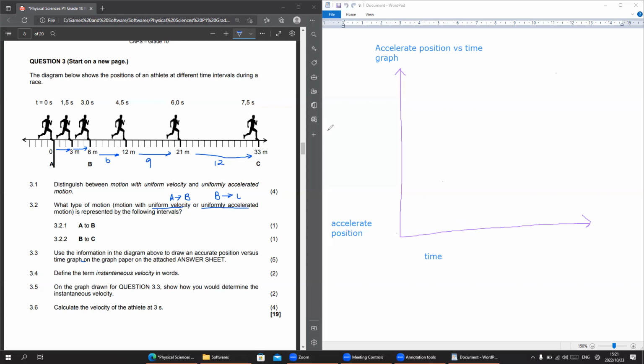Okay. You see, that's why I'm just asking, so I can see whether you guys still remember. So this is gonna be position, that's gonna be in meters, and time, that's gonna be in seconds. And what else?